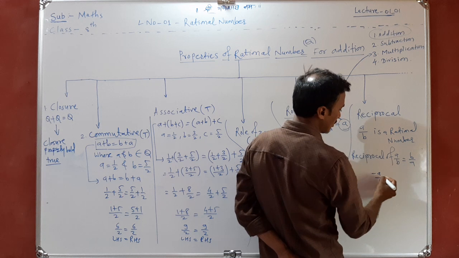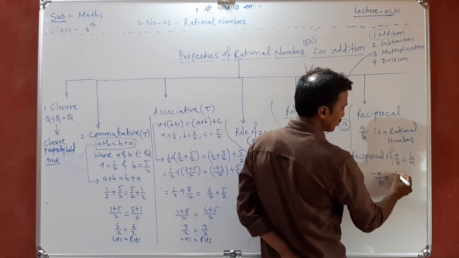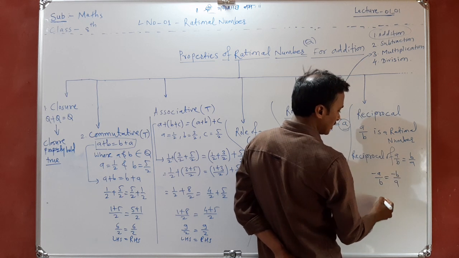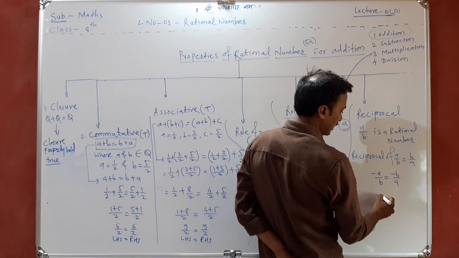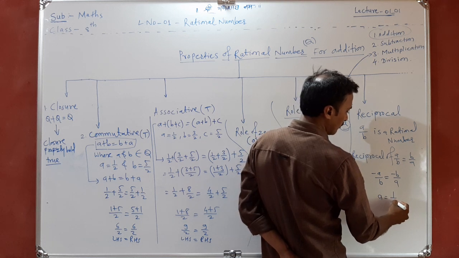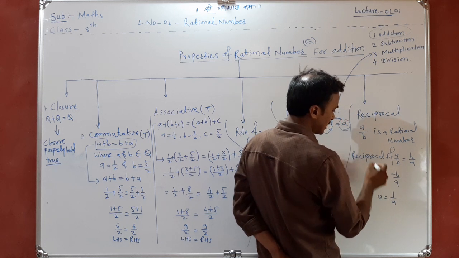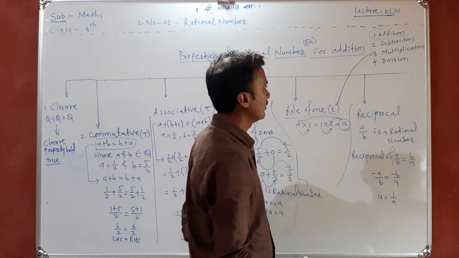The reciprocal of minus A upon B is minus B upon A. The reciprocal of A is equal to 1 upon A. These are some examples of reciprocal.